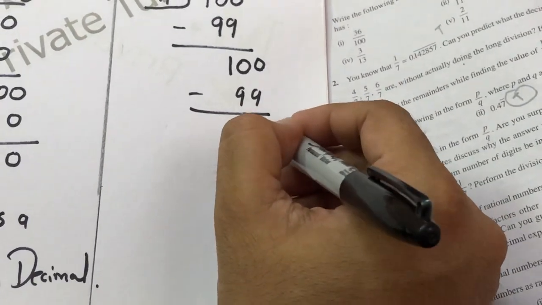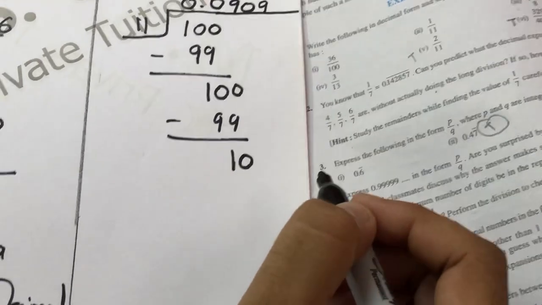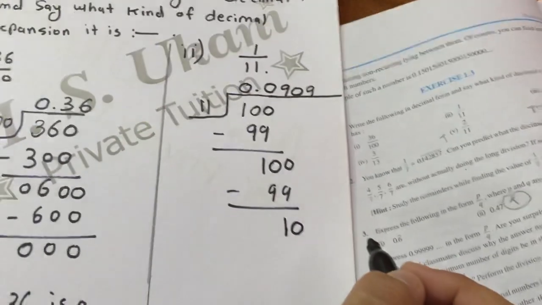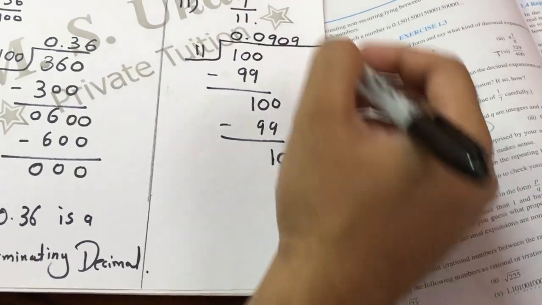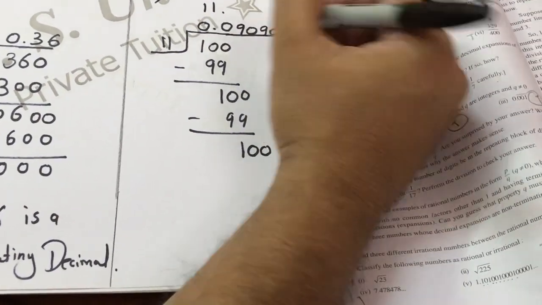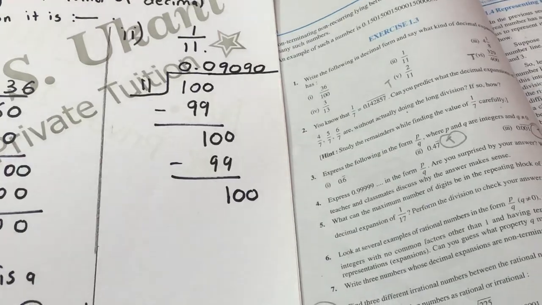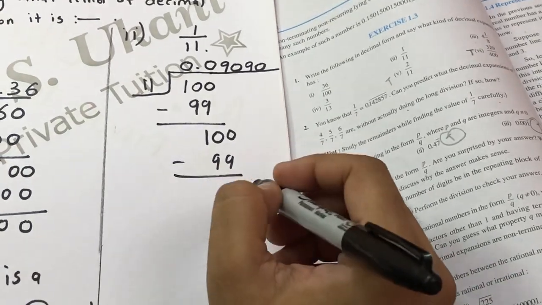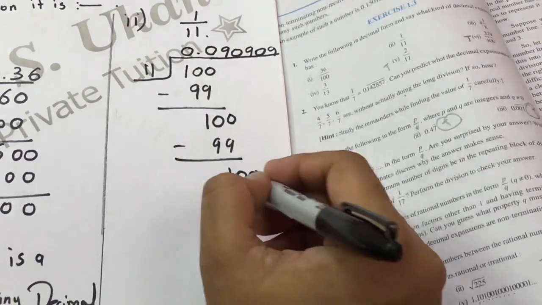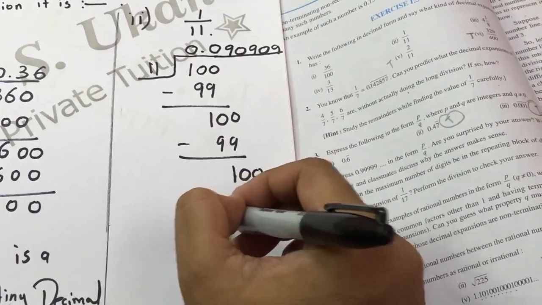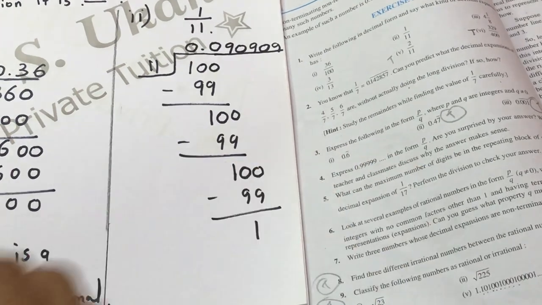Again we will put 1 0. See, here it is not possible. Again we will put 1 0 here. So here also 0. So again 11 9s are 99. Again 1.